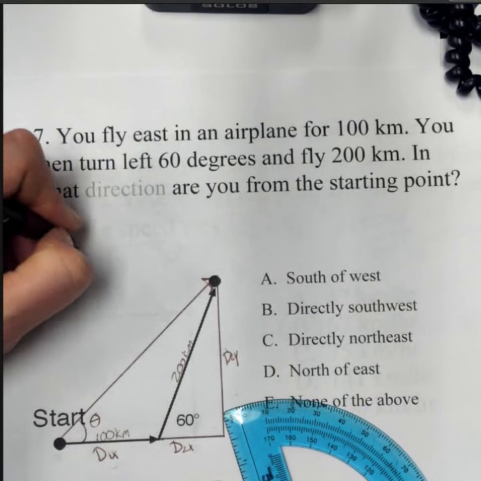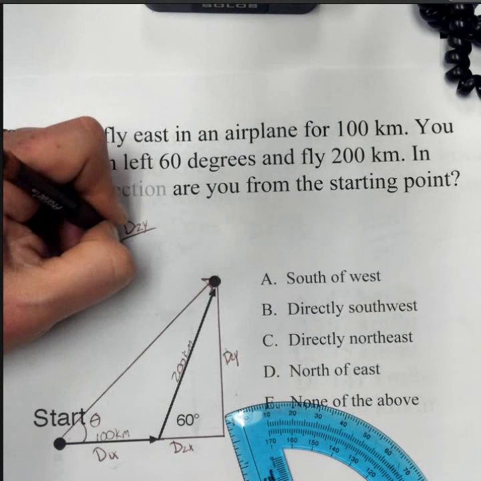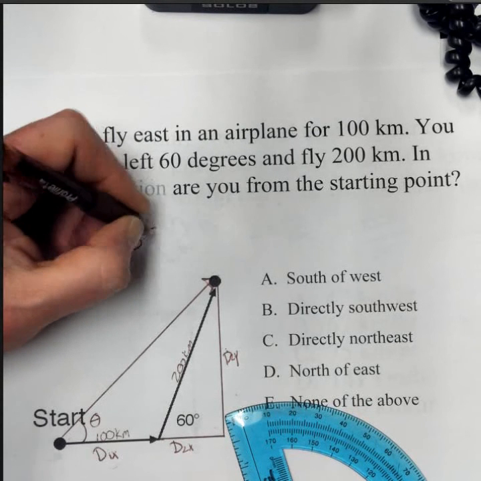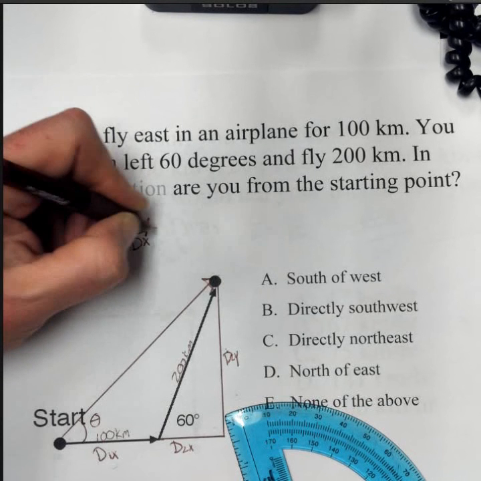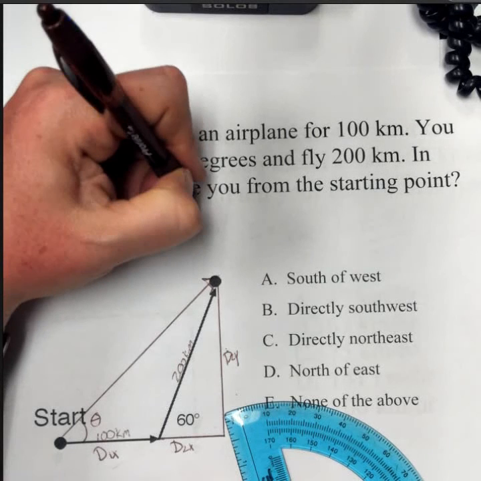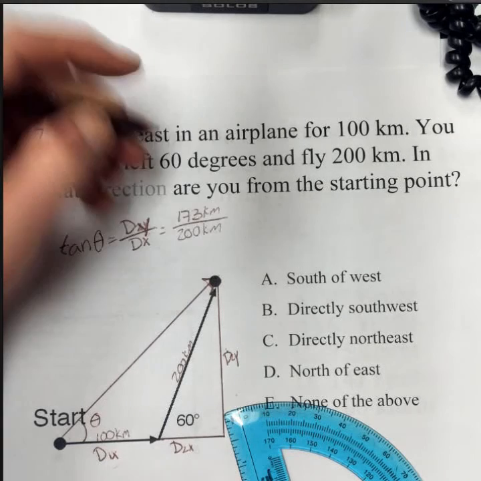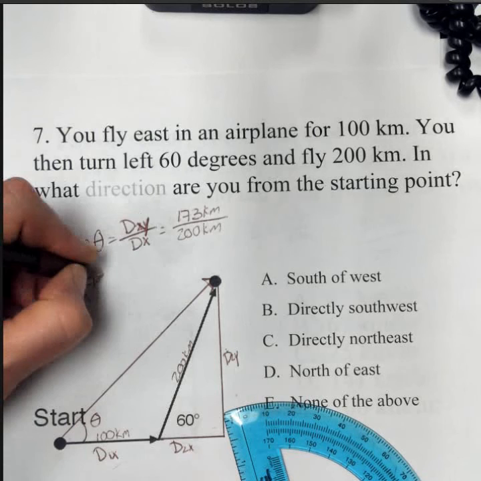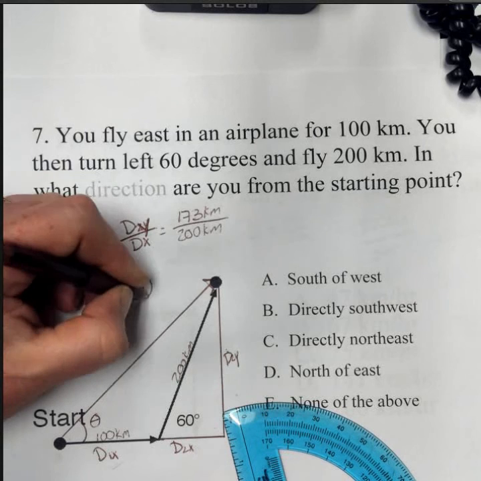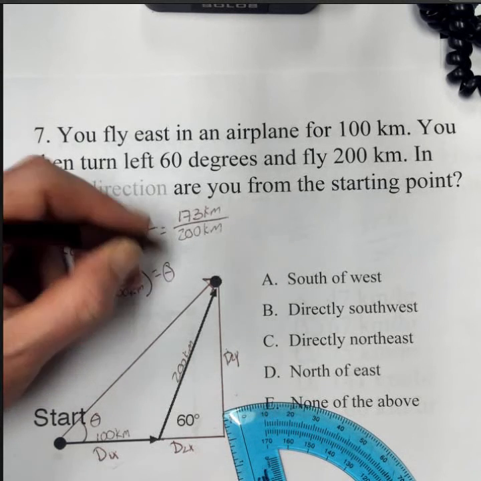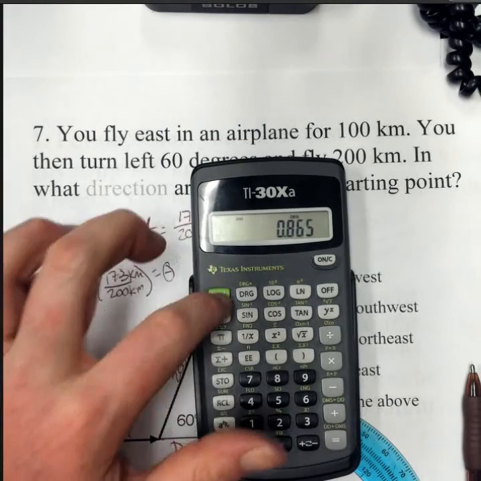And that relationship is given by the tangent of theta, which is opposite over adjacent, everything in the y direction over everything in the x direction. So that's going to be 173 kilometers over 200 kilometers. All right, and we want to take the inverse of that to get us theta. 173 divided by 200, inverse tangent of that.